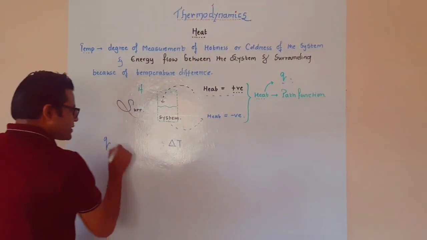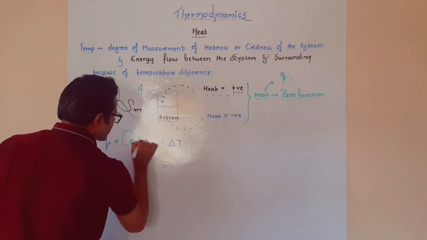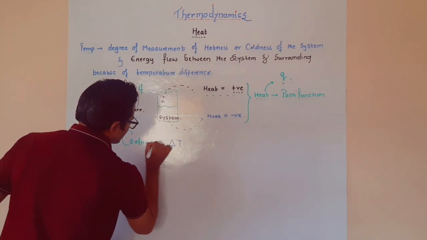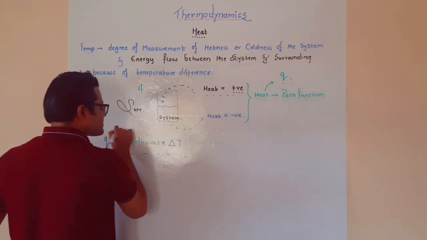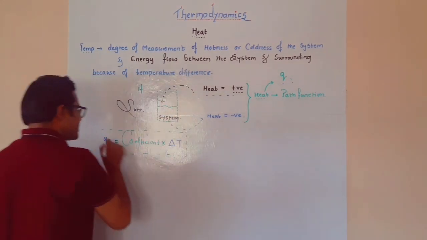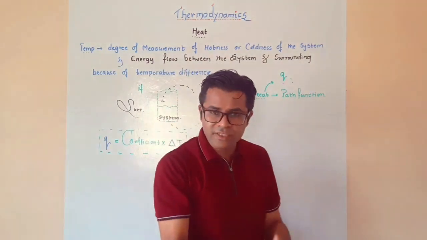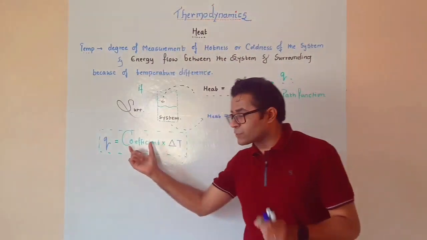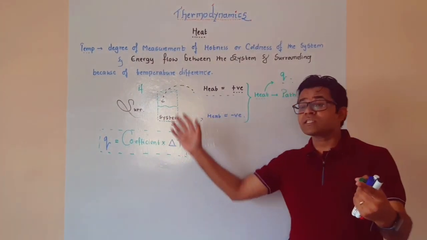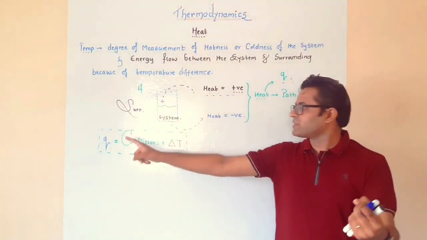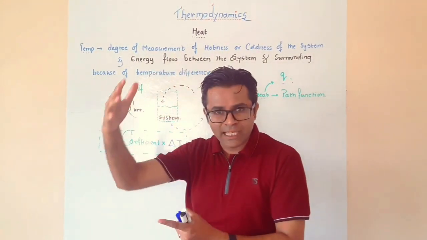So Q is equal to a coefficient into delta T. Remember, this expression is very, very important. It means that the heat energy transferred to a system is equal to a coefficient, something more than a constant, into the change in temperature.